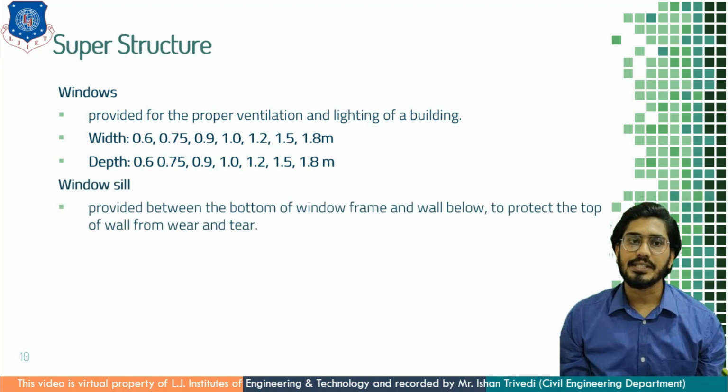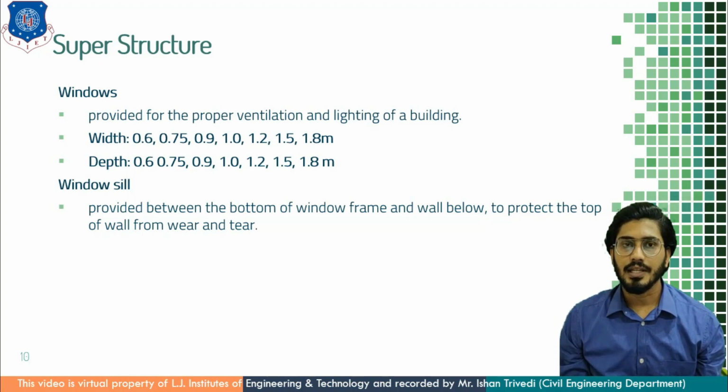Next is window sills. It is provided between the bottom of a window frame and the wall below to protect the top of the wall from wear and tear.